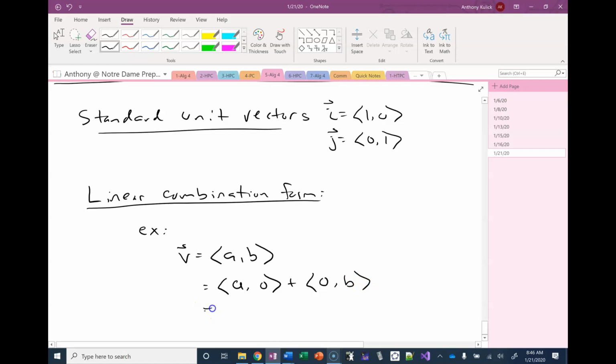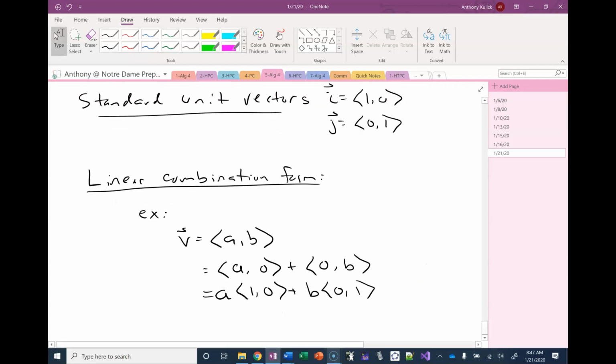That's just basic vector addition. And I can rewrite that first vector as the scalar a times the vector 1, 0. And I can rewrite the second vector as the scalar b times the vector 0, 1. That's just basic scalar multiplication, right?